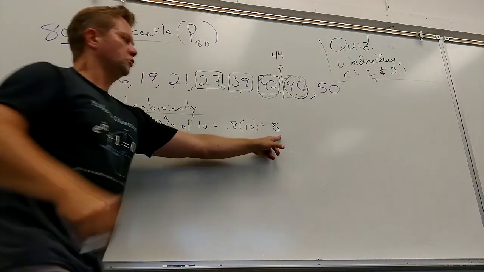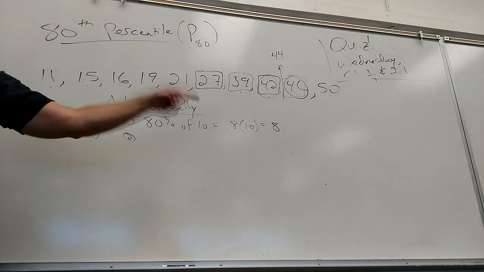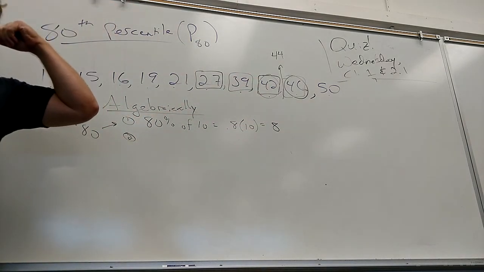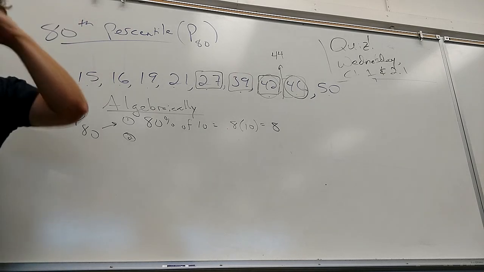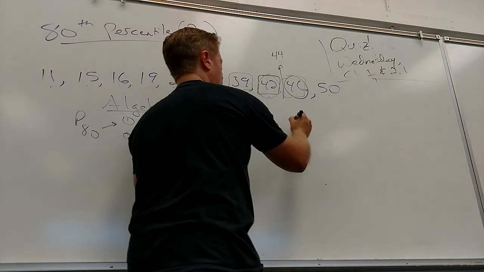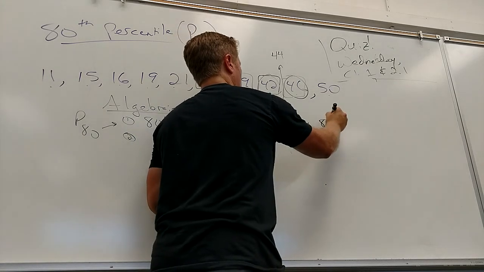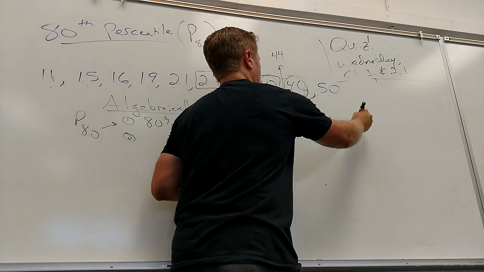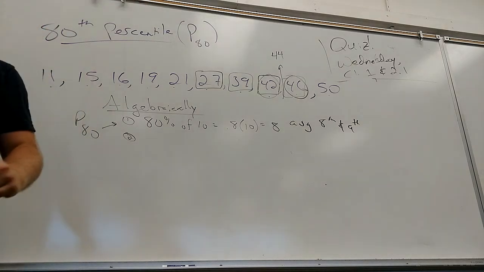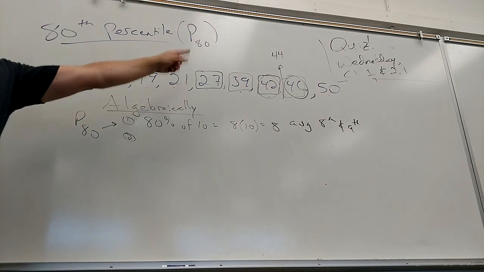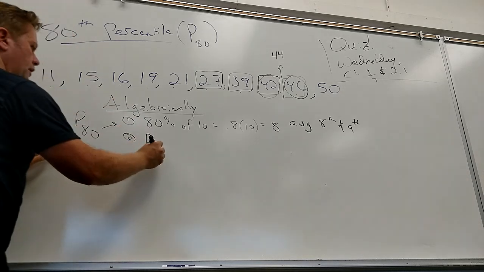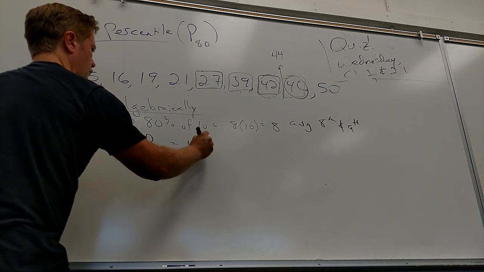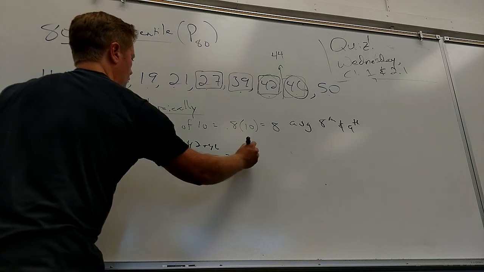If you get a whole number, you average that with the next one up. So I got the 8th number, so I'm going to average that 8th and 9th number. And that matches up with what we just got. The 8th number is 42, the 9th number is 46. I average those together, so P80 is 42 plus 46 divided by 2, 44.